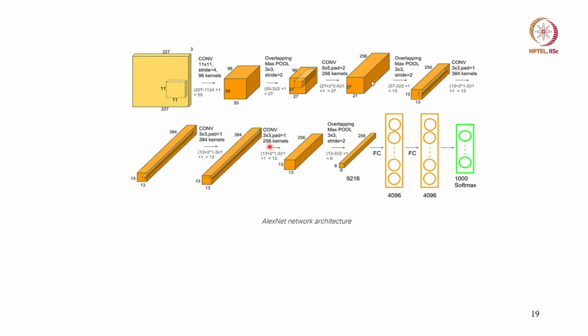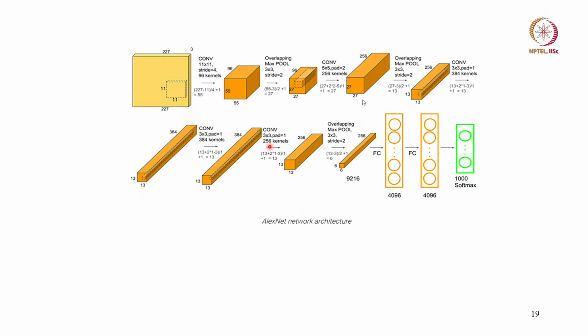And then again you use convolution 5 by 5, with a padding of 2. Since you are using padding of 2, this remains as 27 by 27, but you are using 256 kernels, so this dimension increases, right?